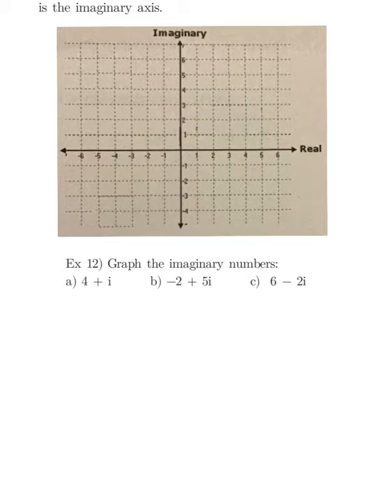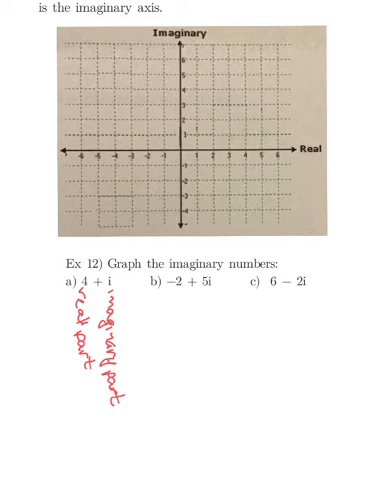On example 12, we're going to graph the imaginary numbers that we are given here. It's probably been a little while since you dealt with complex numbers, so let's do a little bit of a refresher here. This is the real part, and the i is the imaginary part.